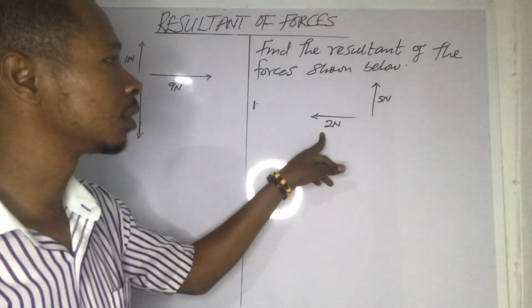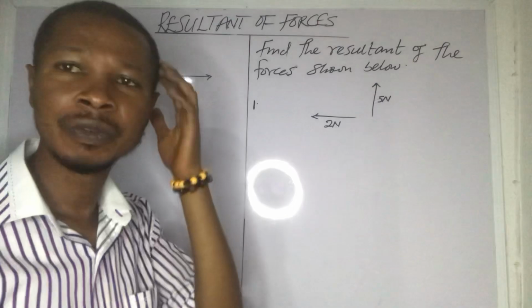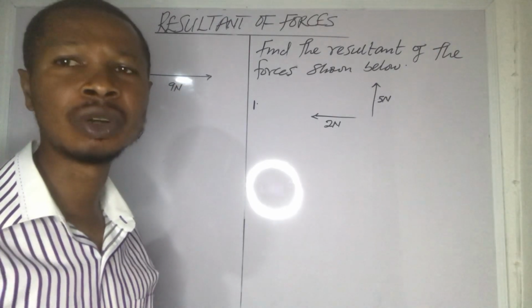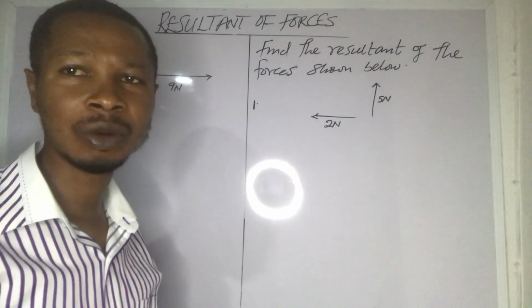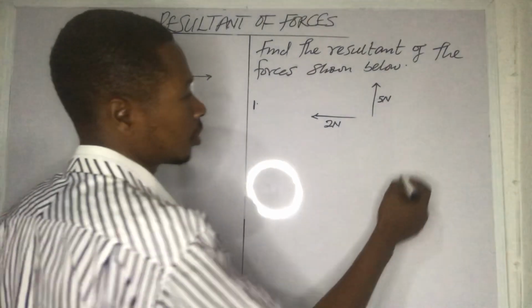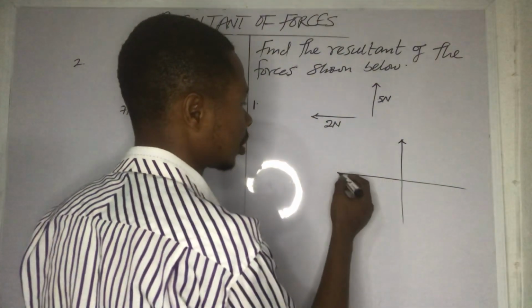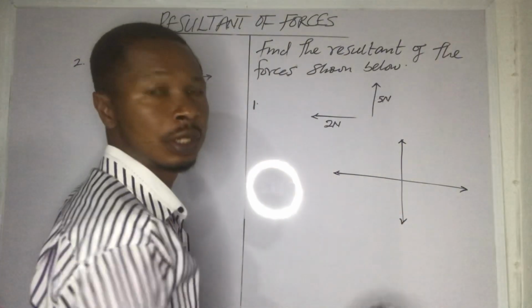You have 2 Newton and 5 Newton. How do you find the resultant of free forces, or forces that are not acting at a point? We use the knowledge of Cartesian coordinates. We follow the sign of the Cartesian coordinates. This is positive.